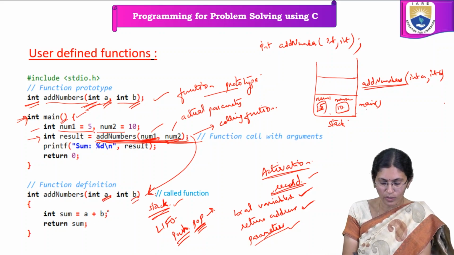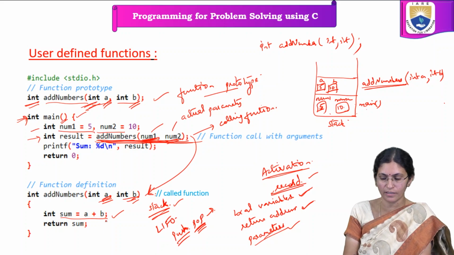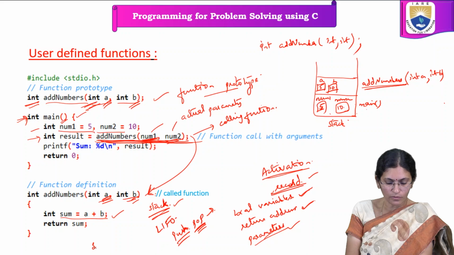Now a and b are local variables, the parameters of this function. So a is equal to 5, b is equal to 10. This is the operation which is performed: a and b values are added. Now a plus b is equal to 15, so sum is equal to 15.